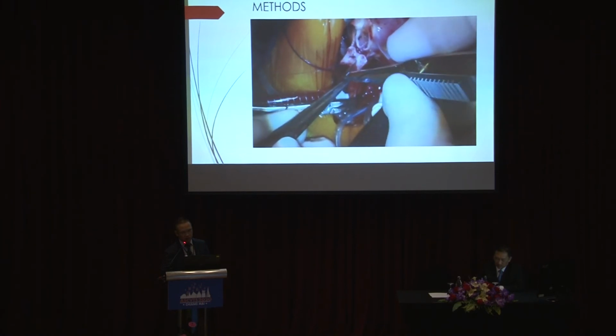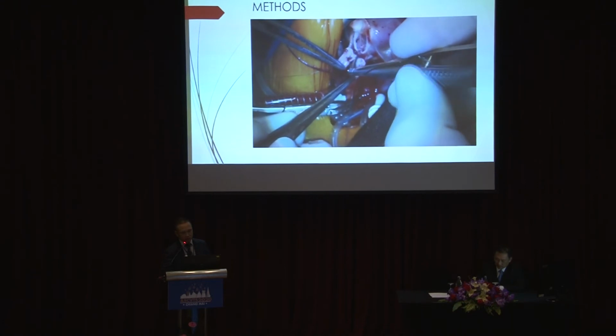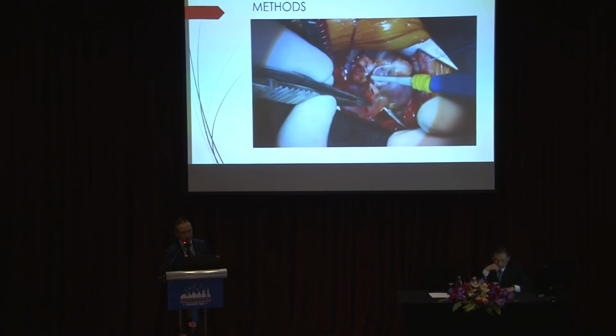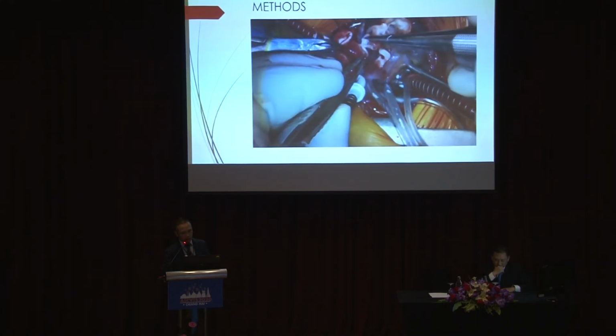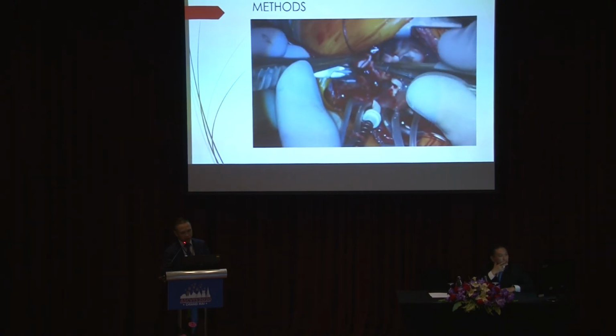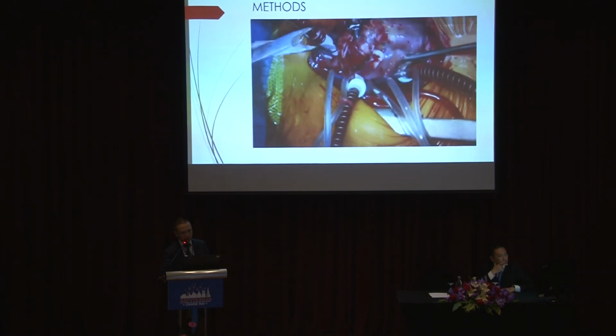And then we can easily divide it into two separate coronary buttons. So in our cohort, we have up to 25 cases of intramural coronary artery, and all of them were successfully divided into two individual coronary buttons.